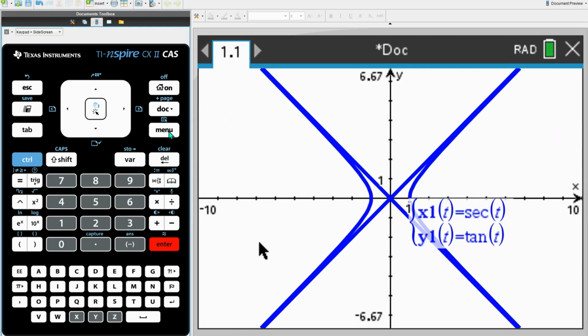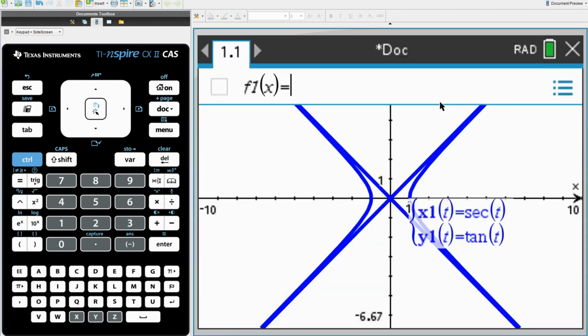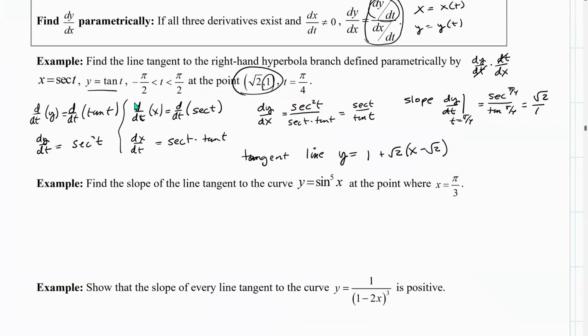I'm going to take my calculator and switch it back to function mode. I'm going to go ahead and put in the equation that we said was the tangent line. X minus root 2.